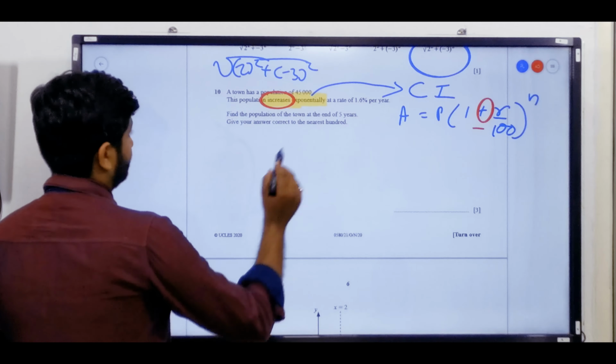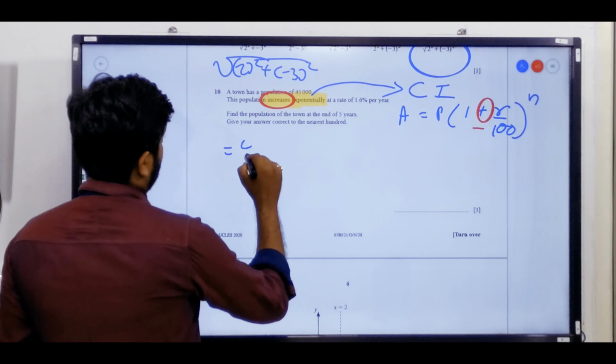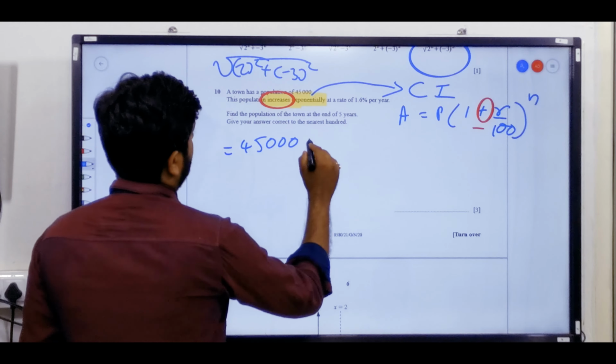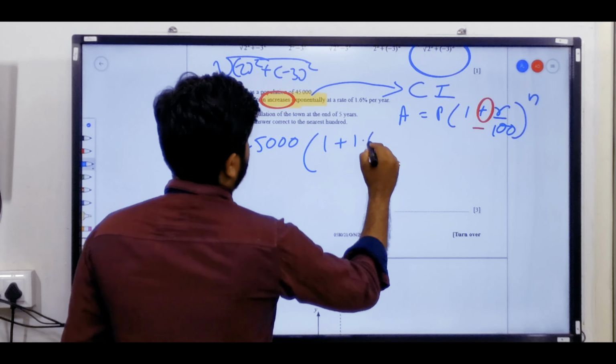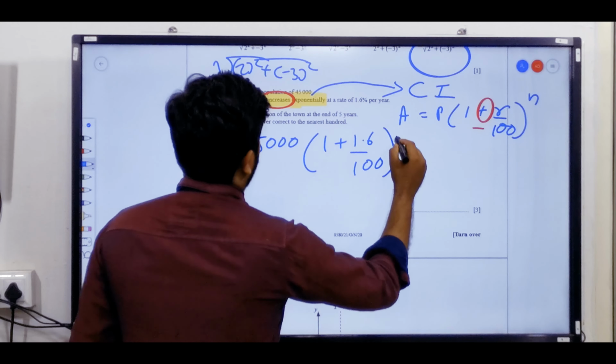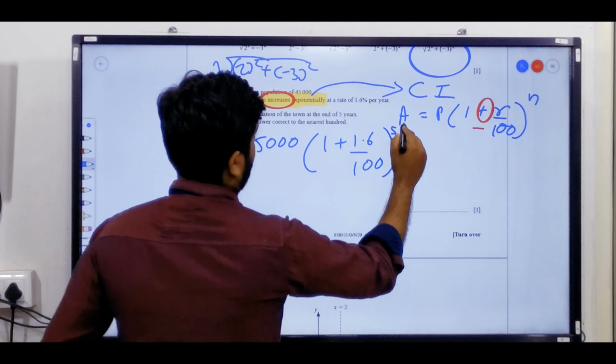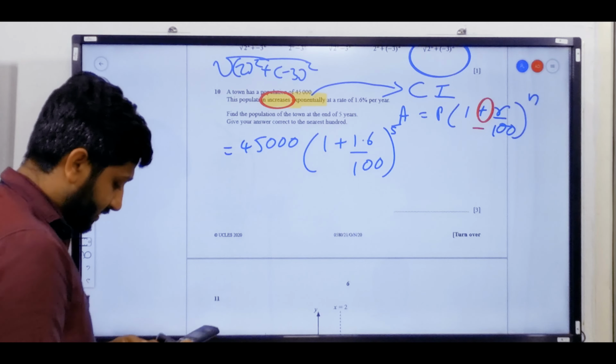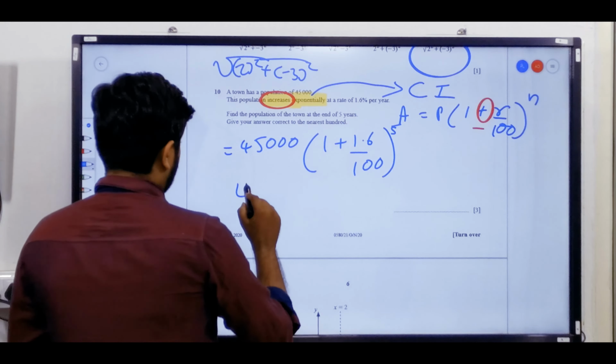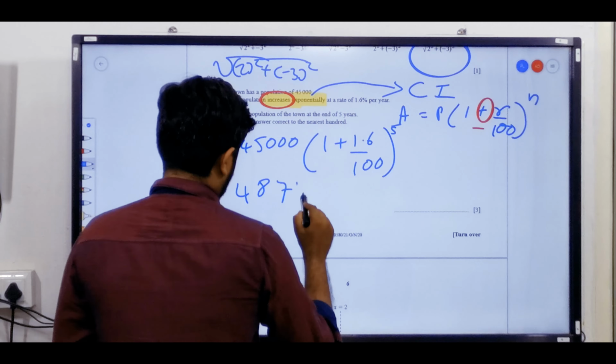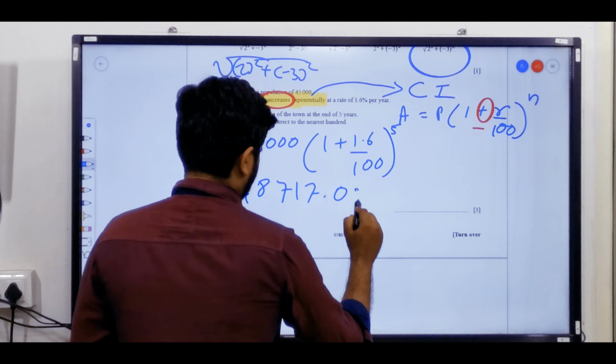Let us write this. Principal is 45,000, times (1 plus 1.6 upon 100) power 5. Let me do this calculation. This comes out to be 48717.05.